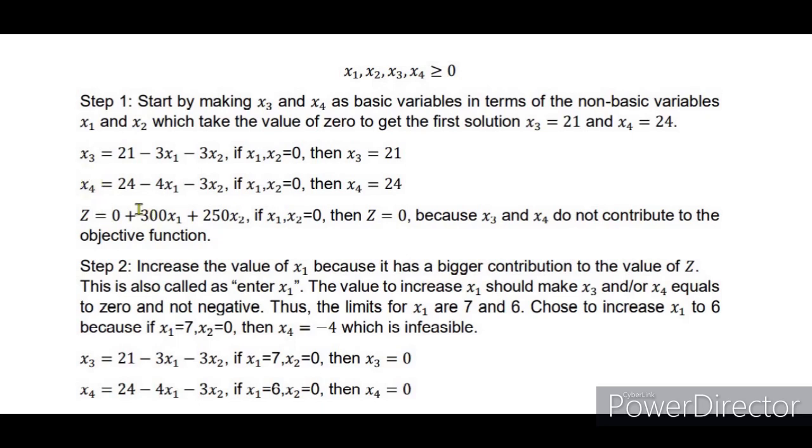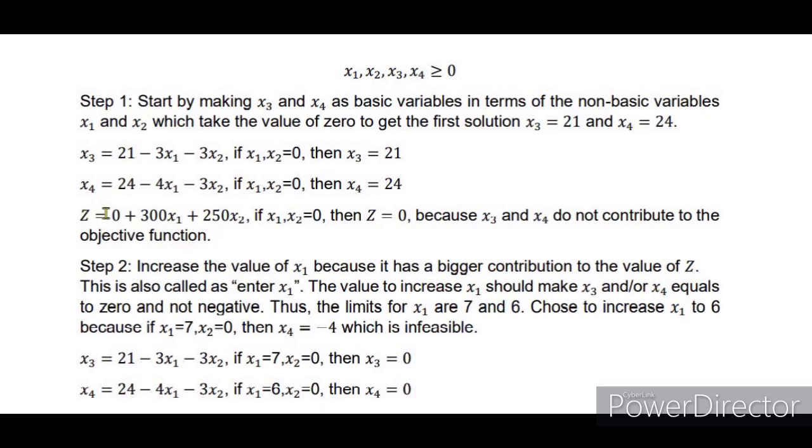So this is the computation. The first constraint gives x sub 3 equals 21 minus 3x sub 1 minus 3x sub 2. We just transpose 3x sub 1 and 3x sub 2 to the other side of the equation for x sub 3 to remain on one side. If we let x sub 1 and x sub 2 equal 0, then x sub 3 is equal to 21, right?